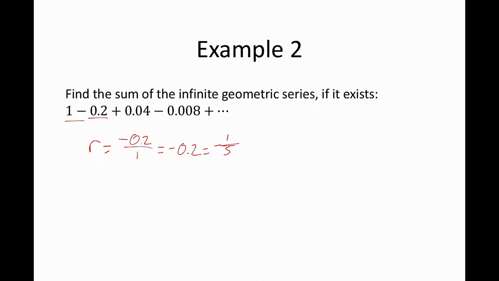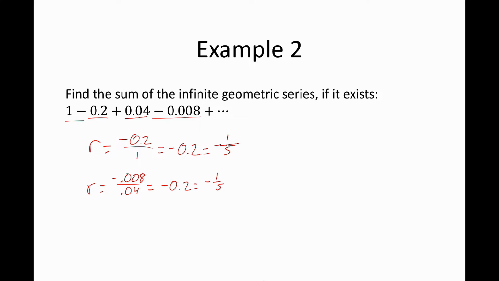If you want to check to make sure that is consistent with everything else, take another one. I'm going to do negative 0.008 over positive 0.04. If you punch that into a calculator, you're still going to get negative 0.2 or negative 1/5.